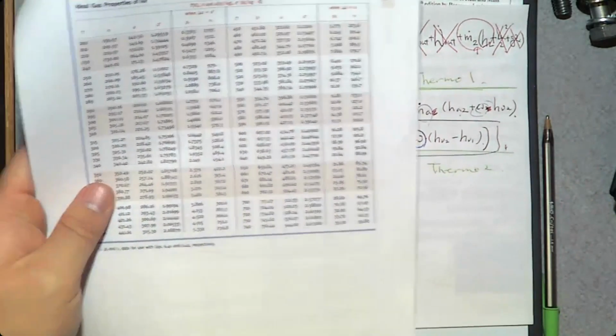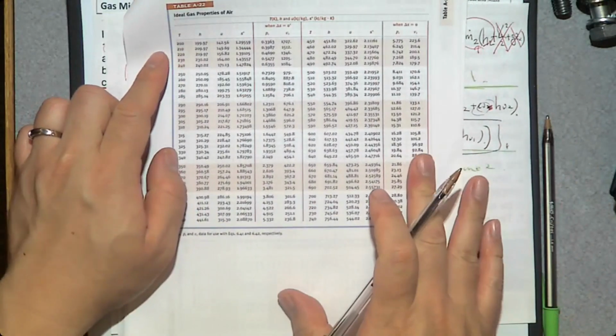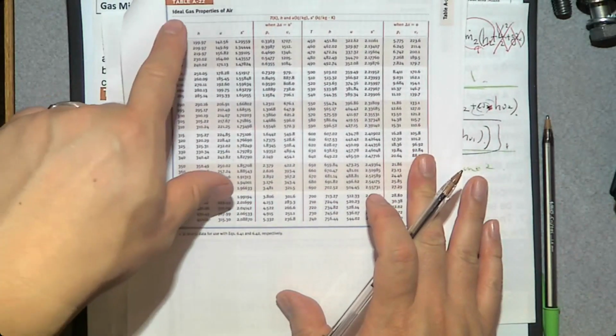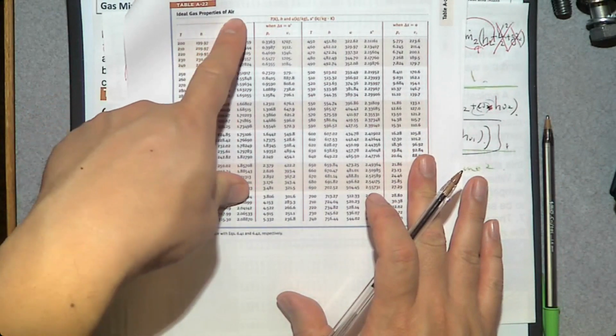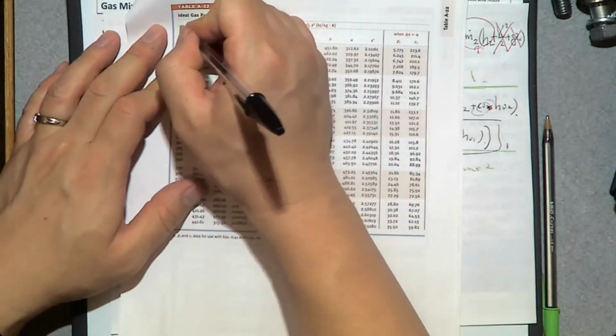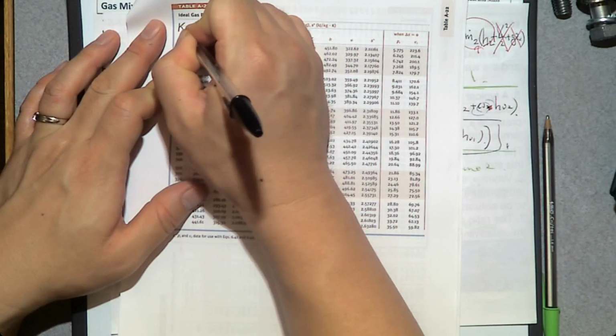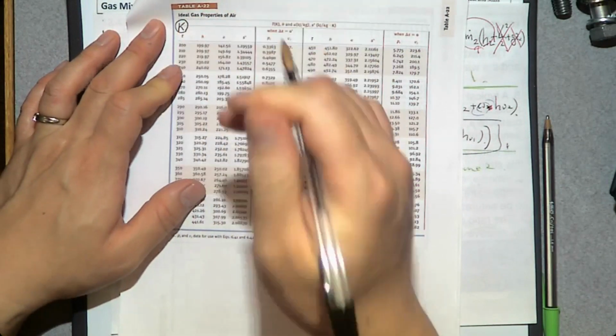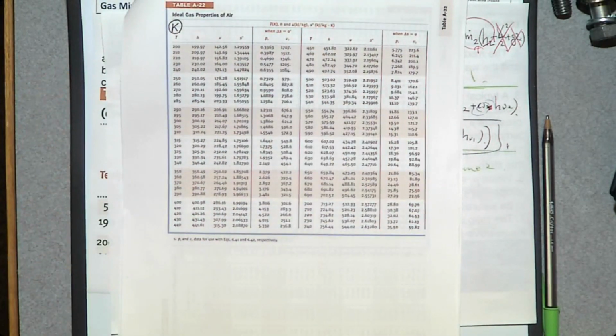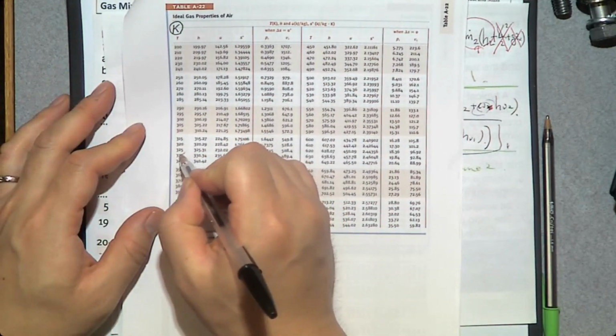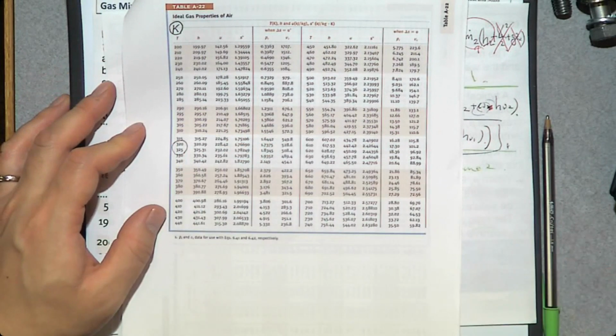By the way, the unit in this ideal gas properties of air table is Kelvin. So not 50, you have to find 323. Where is 323? Between these two numbers.